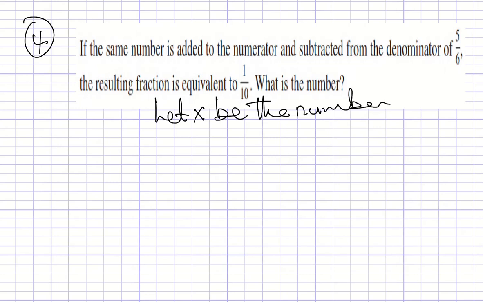And then you say, what did they say? The same number is added to the numerator and subtracted from the denominator, and the equivalent thing it gives you is that. So when you check, you use that.